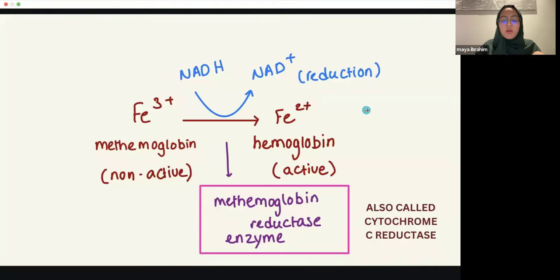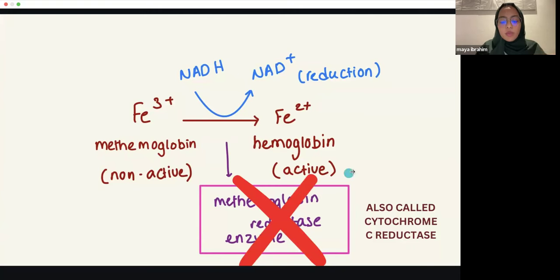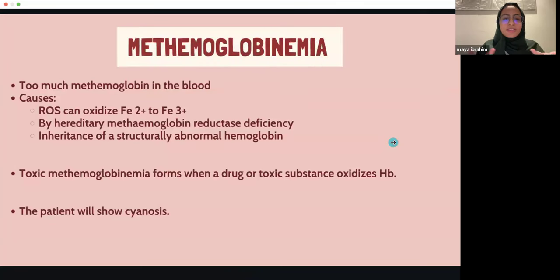Now, remember how we talked about Fe3 plus being converted to Fe2 plus? Sometimes this enzyme isn't there. And when it's not there, we get this disease known as methemoglobinemia, which is too much methemoglobin in the blood.